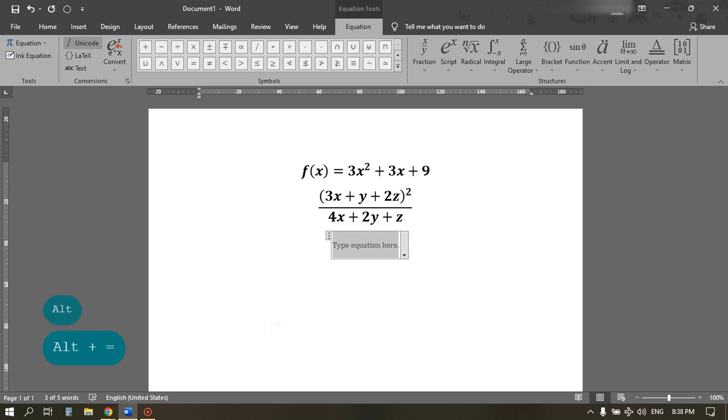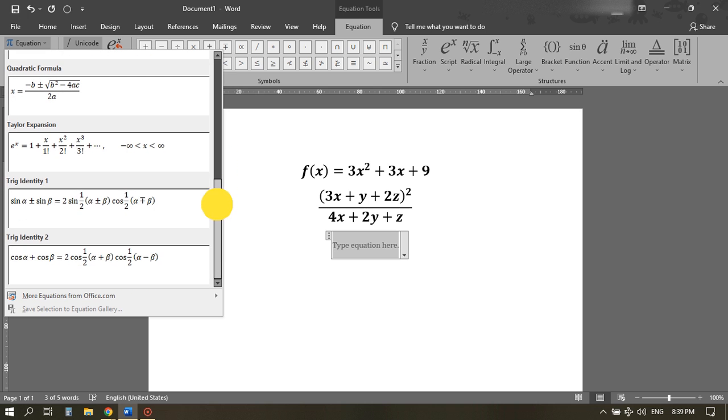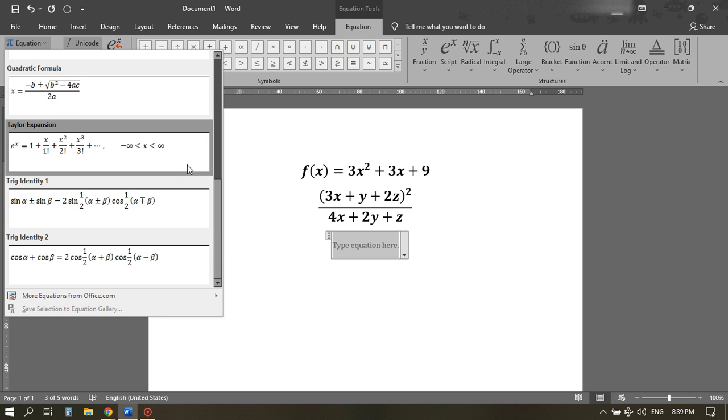Before writing down your equation, there is the equation tab here, and there are a lot of buttons here. I'm going to show you what every button has inside. Here the equation: many equations are built into Microsoft Word, like area of circle or binomial theorem, the identity, equations for trigonometry, like the sine and cosine law, and so on.